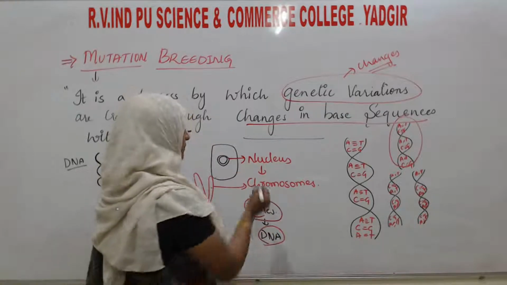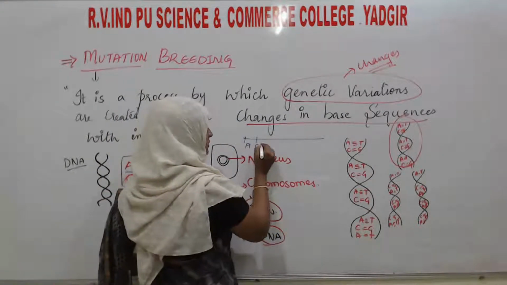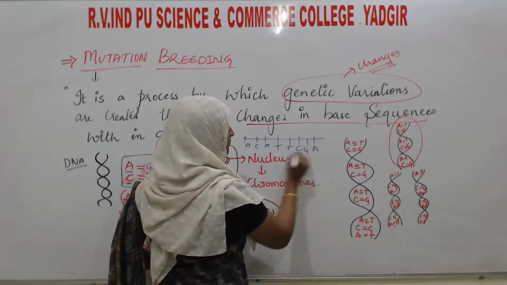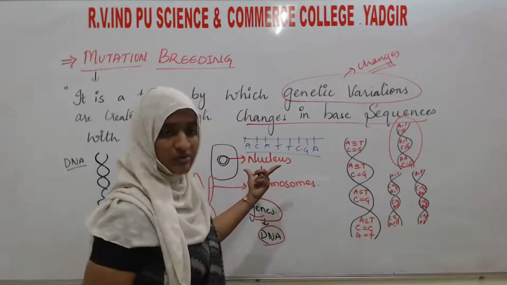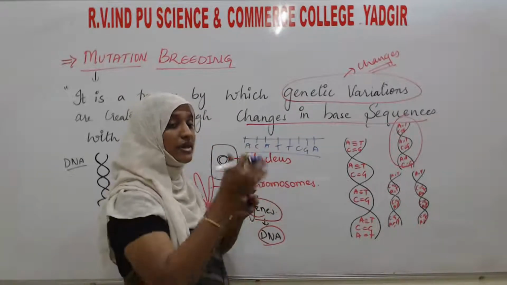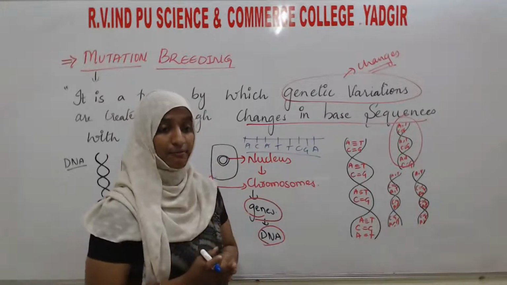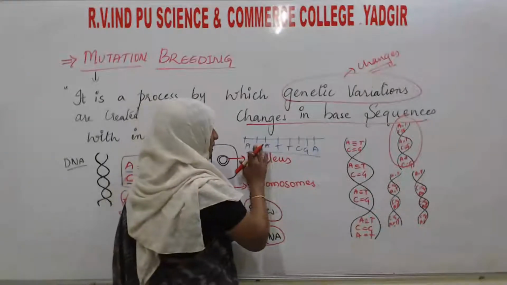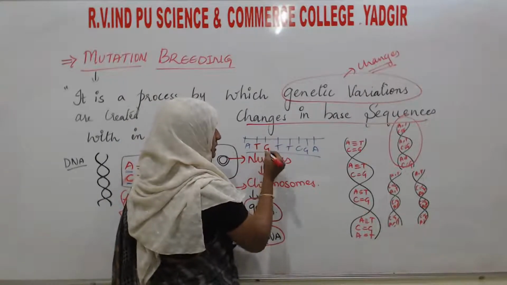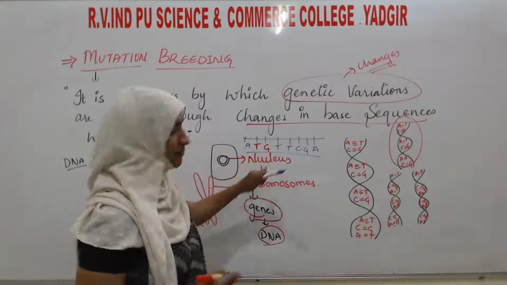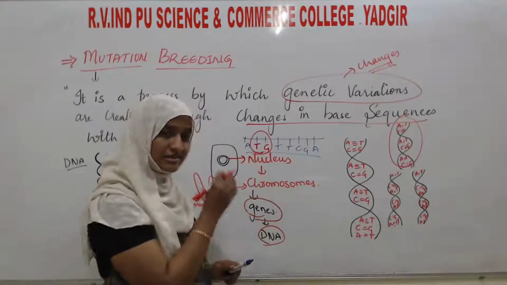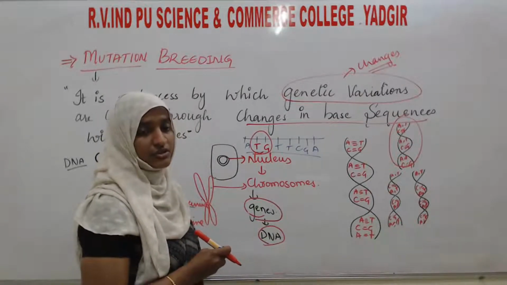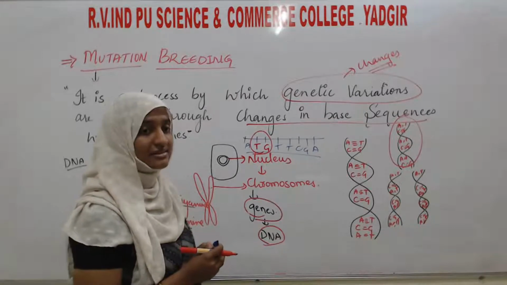In this strand, if this is C, then A, T, C, G, A, a particular base sequence which is coding for, which is making a particular character in the plant, and some change occurs, for example, in the place of C and A, it goes to T and G, then this change is going to affect the characters, which is going to form different characters in the plant.